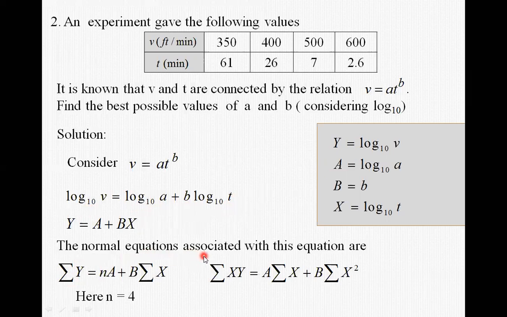The normal equations associated with this equation are summation of capital Y equals n into capital A plus capital B into summation of capital X, and summation of XY equals capital A into summation of capital X plus capital B into summation of capital X square. Here n equals 4.